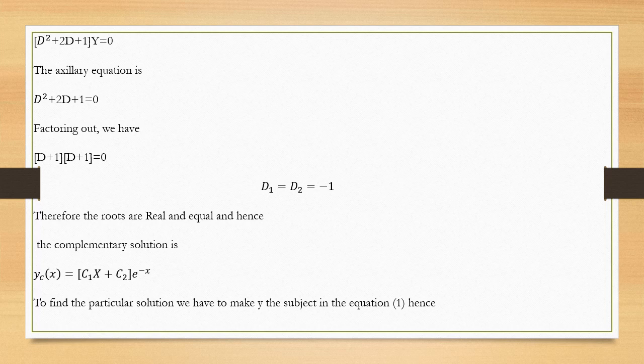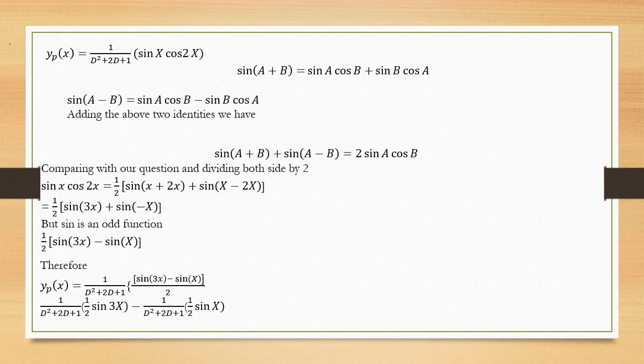Now the next thing is to find the particular solution. We go back to equation 1 and make y the subject by dividing both sides by D squared plus 2D plus 1.